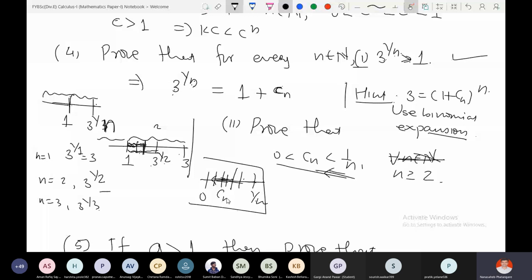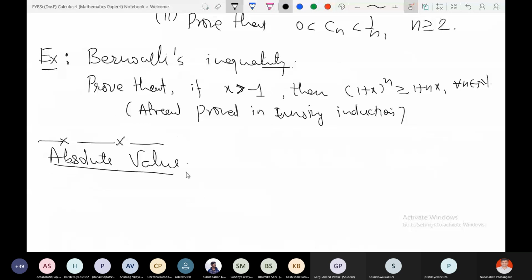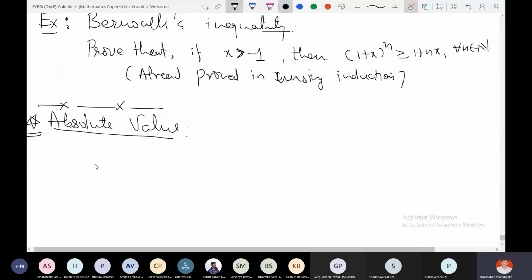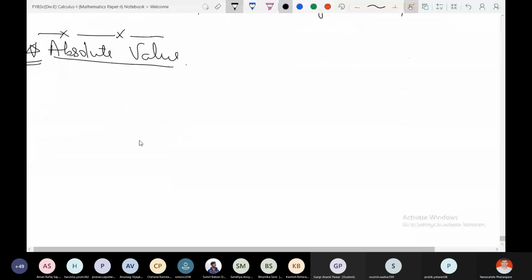Fine, let us go to our next point, absolute value. So what is absolute value? Absolute value is an important property of the real numbers.